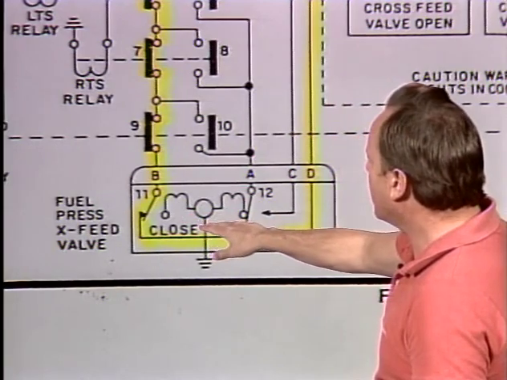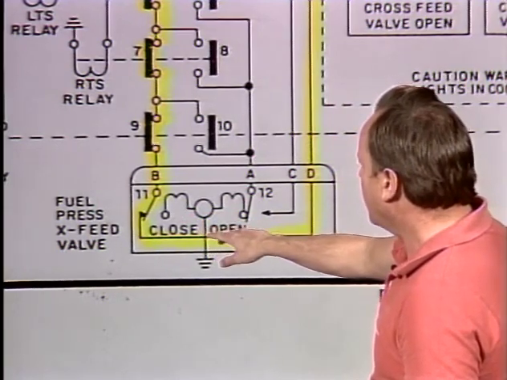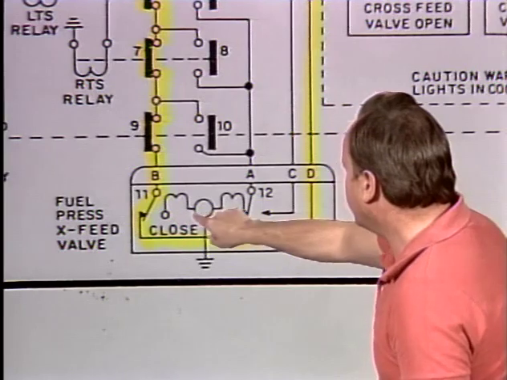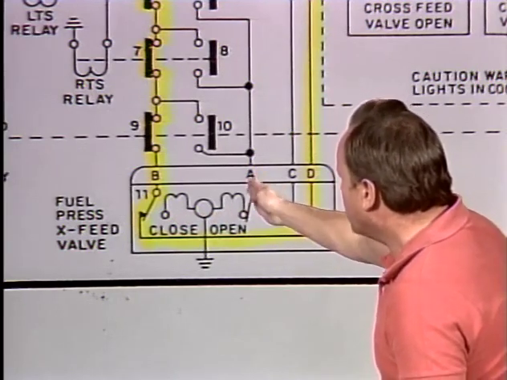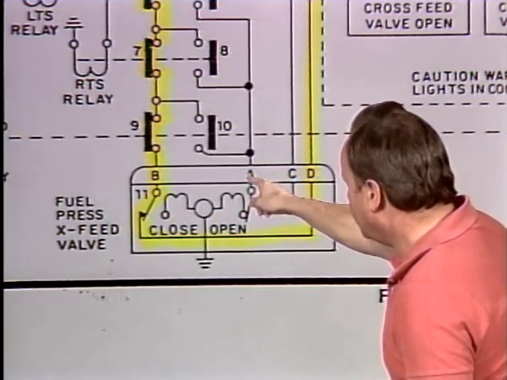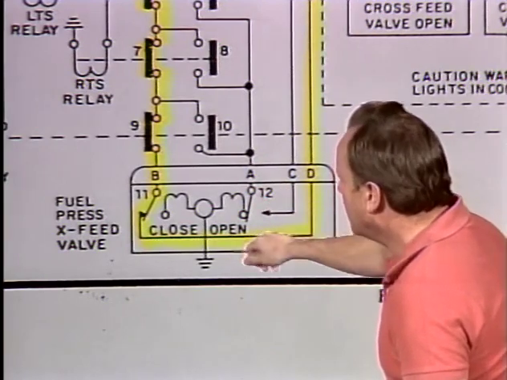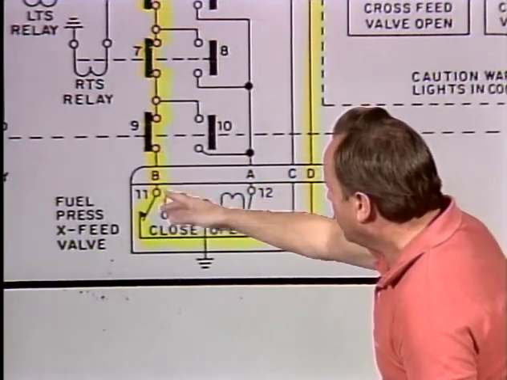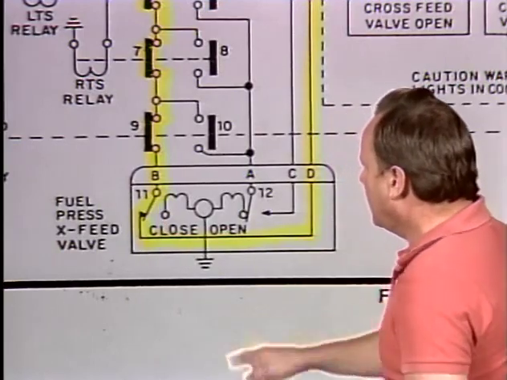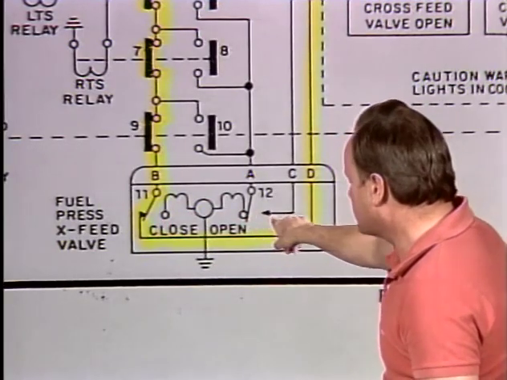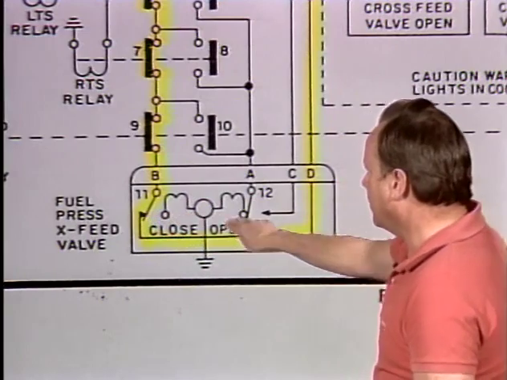Now, here we have a solenoid. When this solenoid has power on it, the whole thing moves over to the right, and switch 12 becomes activated. It changes its position over to this position, and switch 11 becomes activated and moves over to this position. That opens switch 11 and closes switch 12 in this particular case when this solenoid is activated.